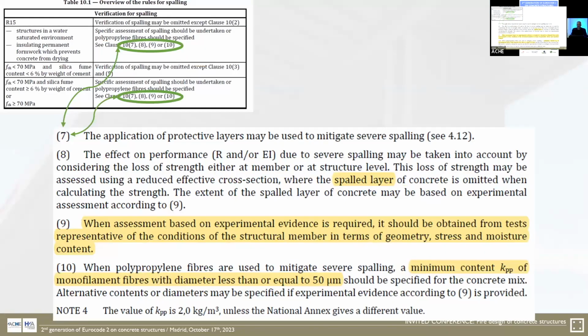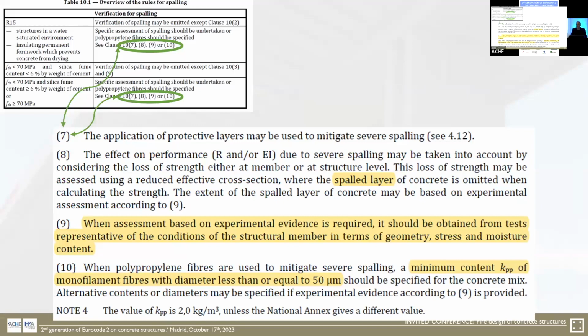indications. Loss of strength may be assessed using a reduced effective cross-section where the spalled layer of concrete is omitted when calculating the strength. This is a typical design approach. If you don't know what to do with spalling, you simply take it into account as a further reduction of section.